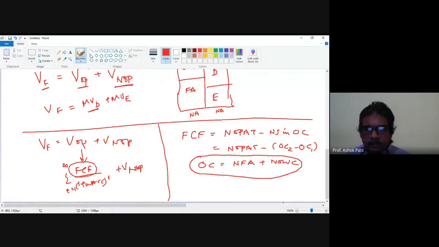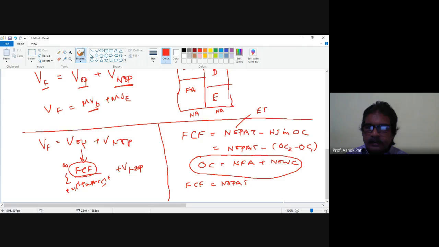But another formula which we derived the other day from expansion of operating capital was the NOPAT. Now NOPAT is nothing but EBIT into 1 minus T, right?